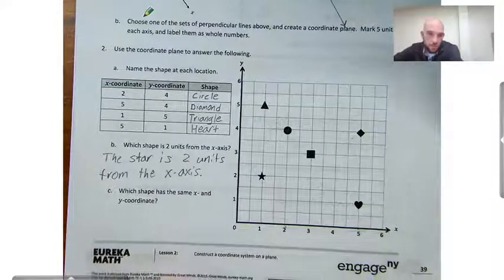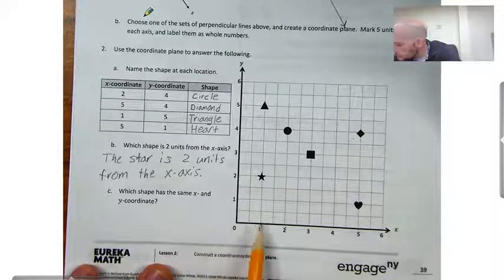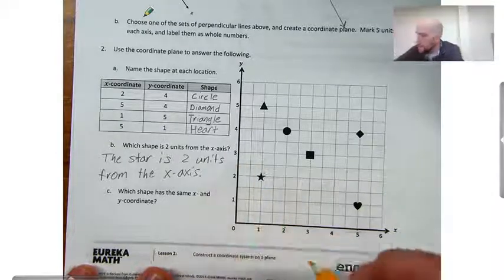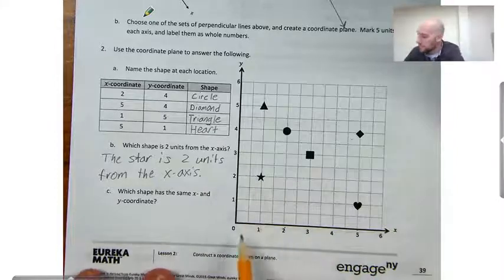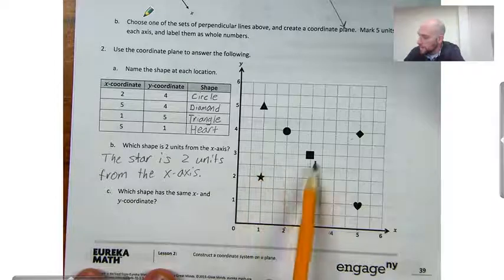C asks us which shape has the same x and y coordinate. So we're looking for something that is the same number to our right as it is going up here on our y-axis. So we have one here at 3, 3. Those coordinates are the same.